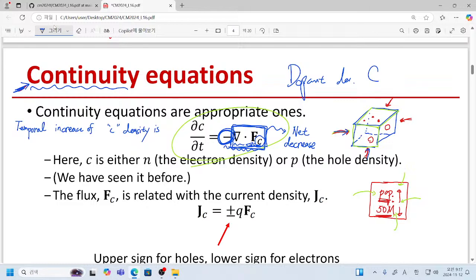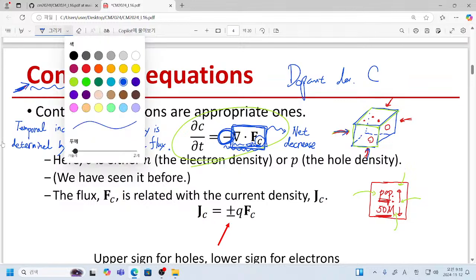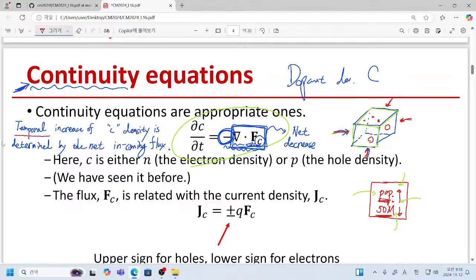The time dependent increase of our particle density is determined by the net incoming flux of C particles. The temporal increase of C density corresponds to the left hand side of our continuity equation, and the net incoming flux means the right hand side.